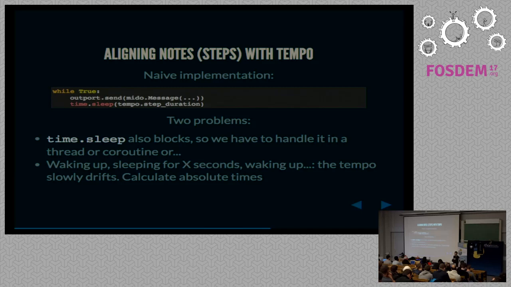And the fact of sleeping for X seconds and waking up again doesn't take into account the time needed to wake up. So if we just do that, the tempo slowly drifts.